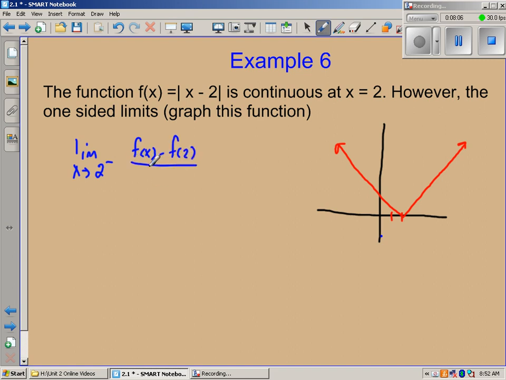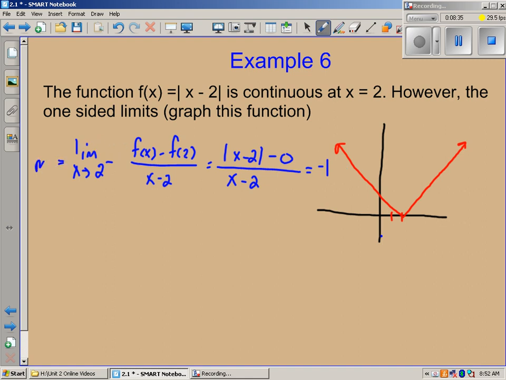Well, plugging in our absolute value into our f of x, we end up with the absolute value of x minus 2, and then when I plug 2 into this function, I get just minus 0 all over x minus 2. And so at this point, if I'm looking at it from the negative side, is this guy right here, and so you can see, we talked about that just a second ago, the slope, which is really what we're looking for, is negative 1.